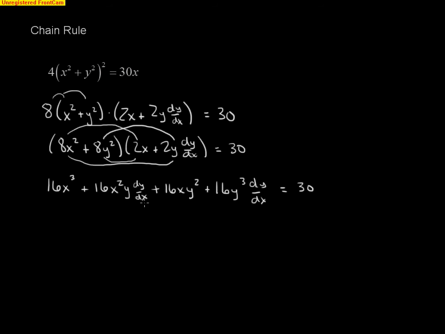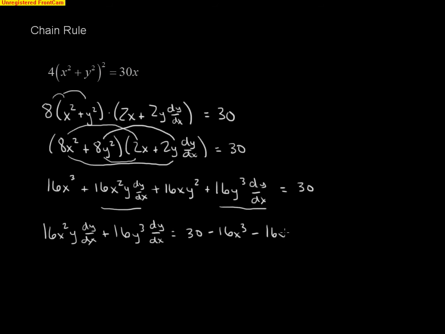Alright, dy/dx is on one side, so we're going to keep this one and keep this one and move everything else over. So I'm going to have a 16x squared y dy/dx plus a 16y cubed dy/dx equaling 30 minus a 16x cubed minus a 16xy squared.